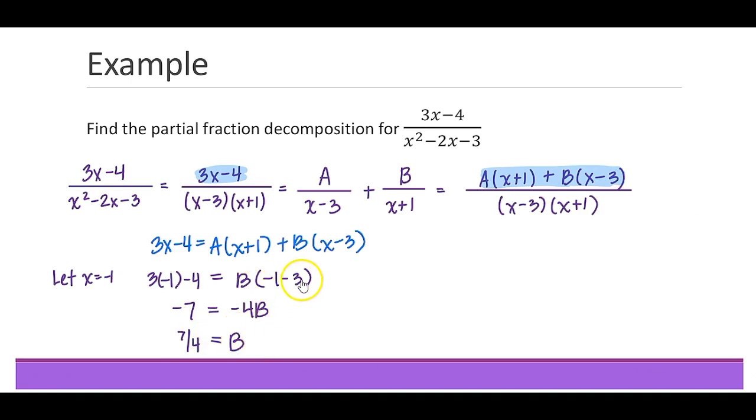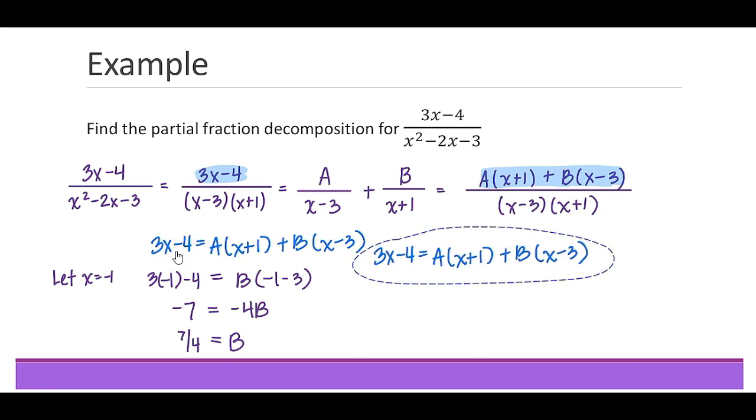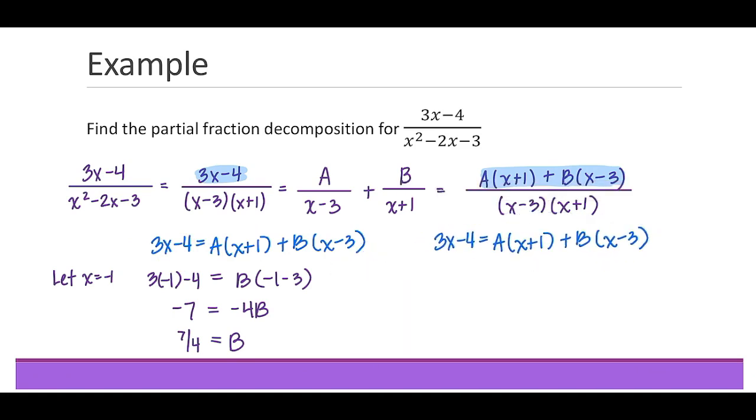Now, to find the value of a, we can go back to this original equation and again conveniently choose a value that will eliminate the b variable term. Well, that would be 3. 3 minus 3 is 0, so that will cancel out the right term. So we're going to let x equal 3.